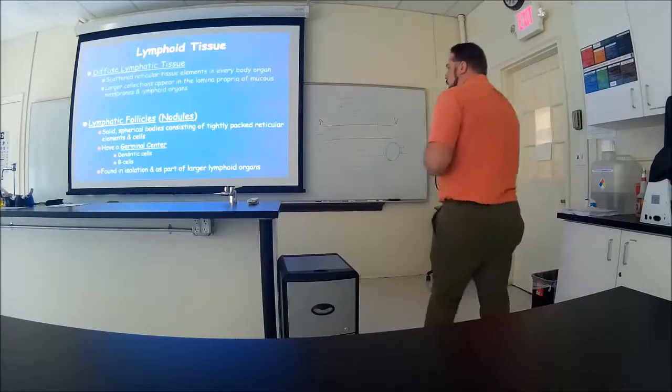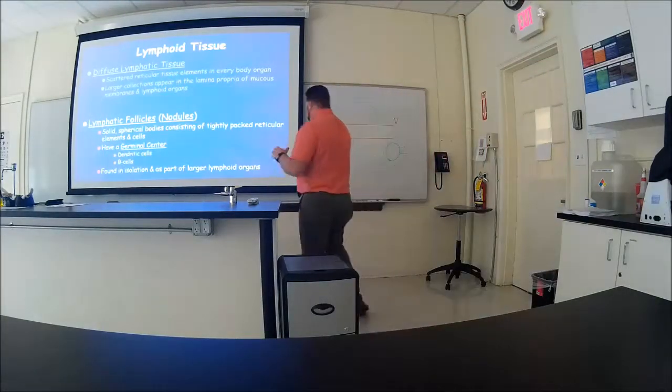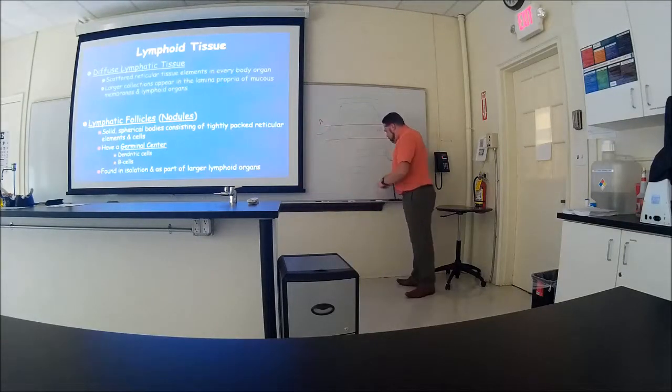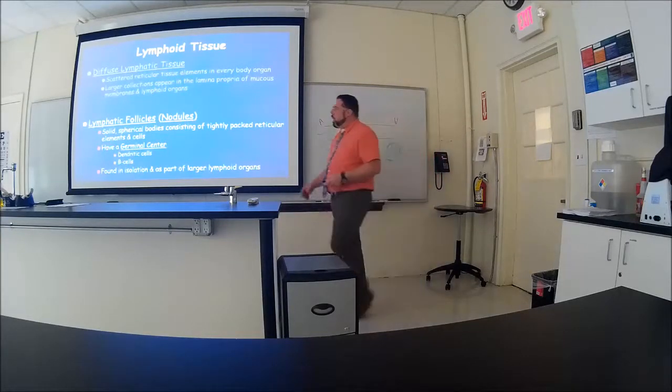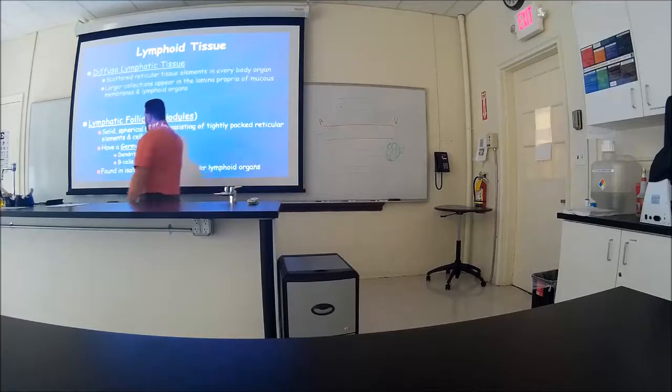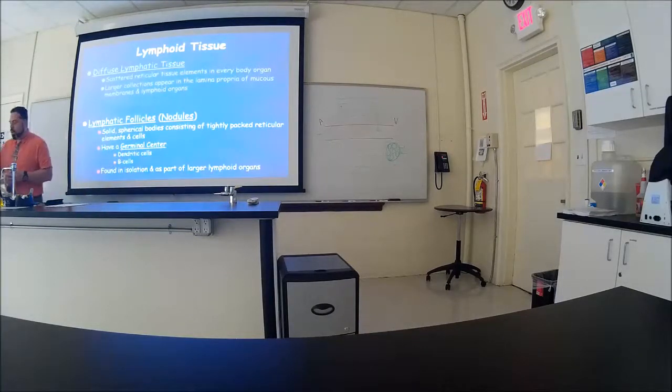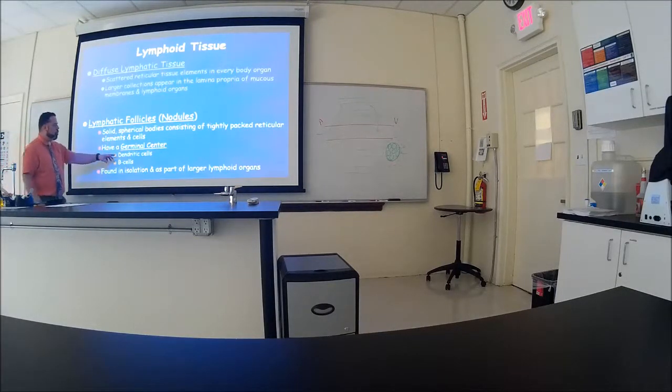Okay, and in each follicle, inside here is the web made of reticular cells. Each follicle will have a germinal center, and inside the germinal center, you're going to have dendritic cells and B cells.